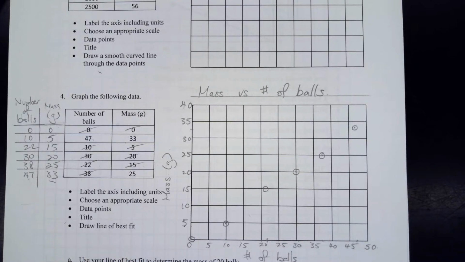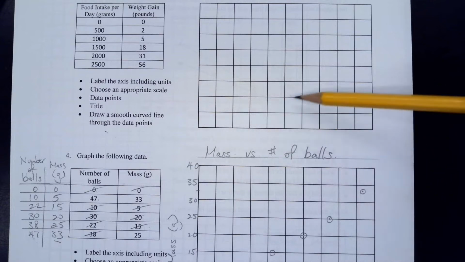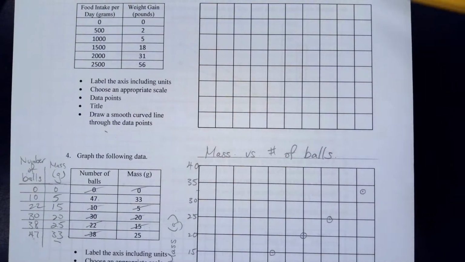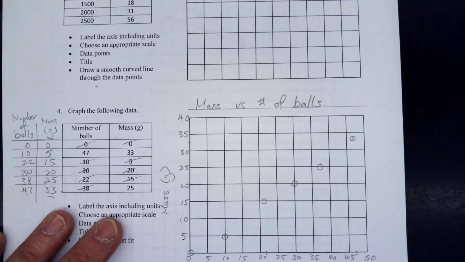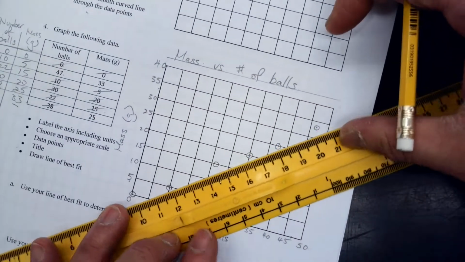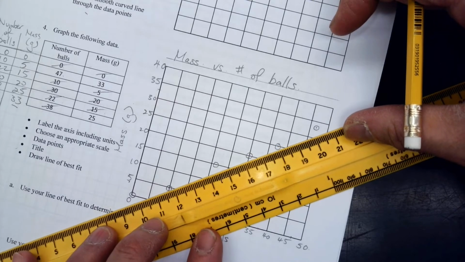And draw the line of best fit. Now, the earlier graph was supposed to have a smooth curved line of best fit because that's how the data looked. For this one, you can tell that you can probably do a straight line.